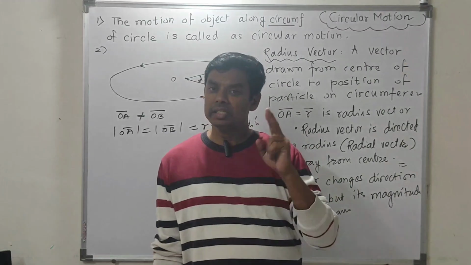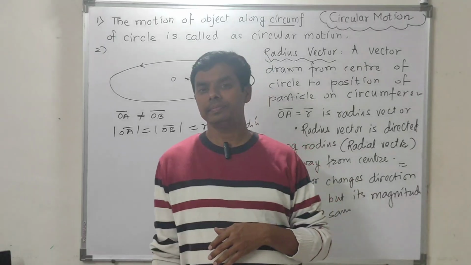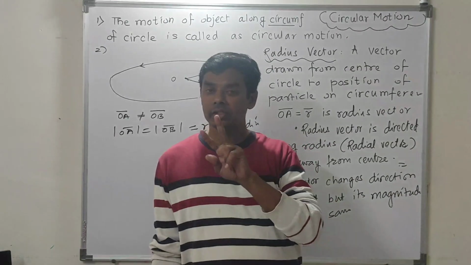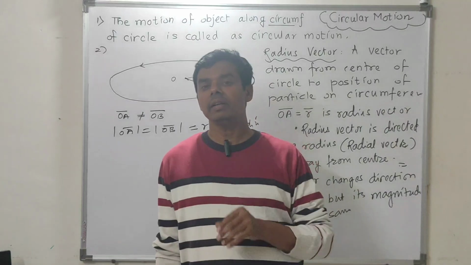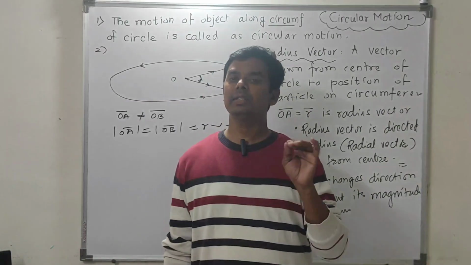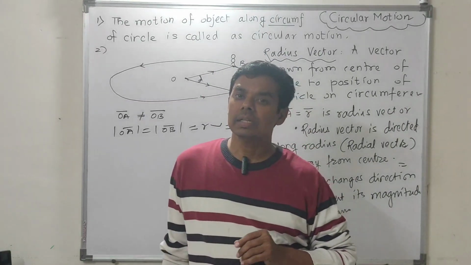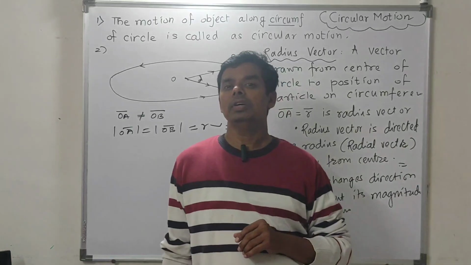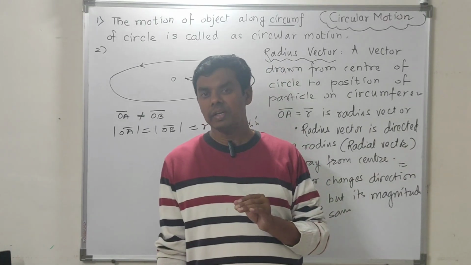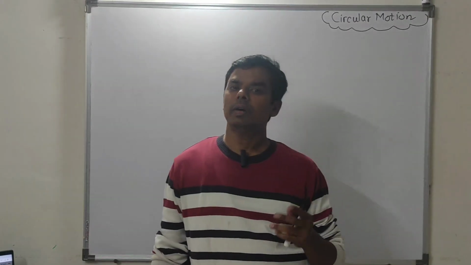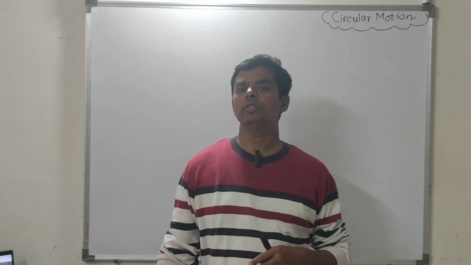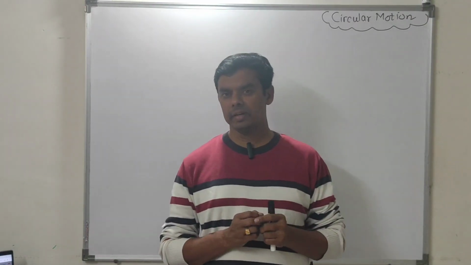The radius vector changes its direction at every point, so two radius vectors are not equal vectors. But the radius vector has a constant magnitude, and it is equal to the radius. So the radius vector is a very important terminology in circular motion.